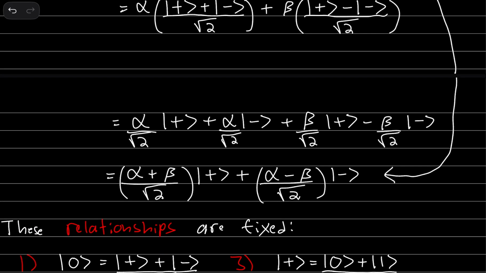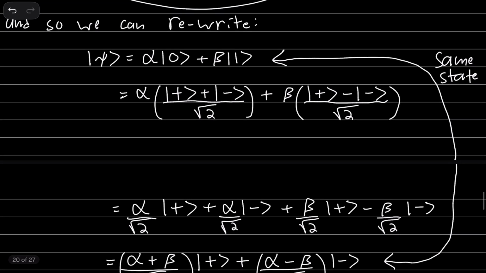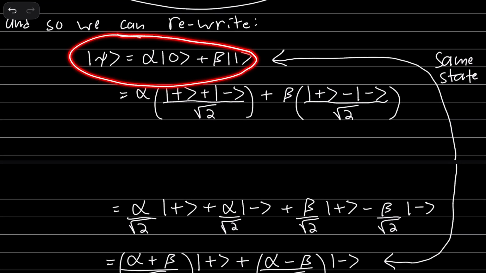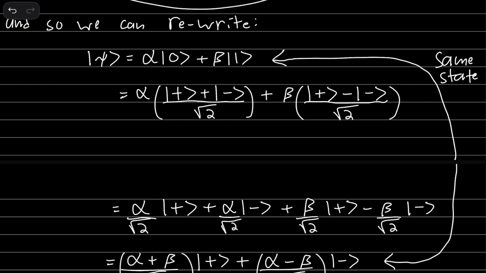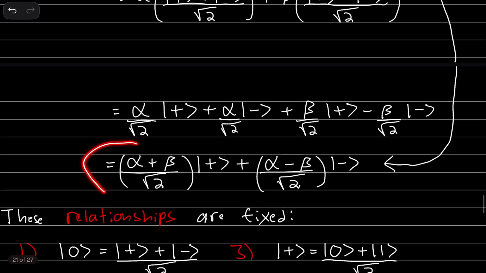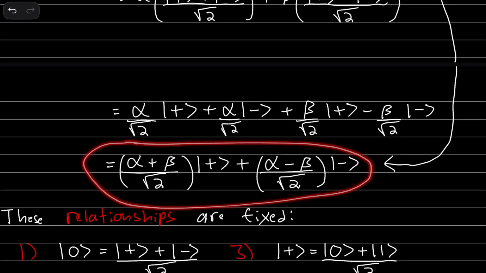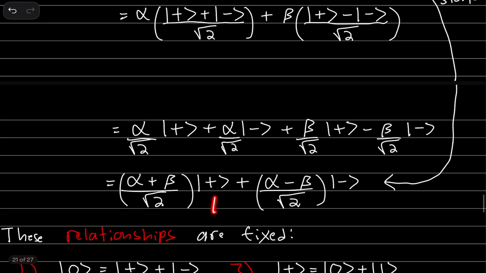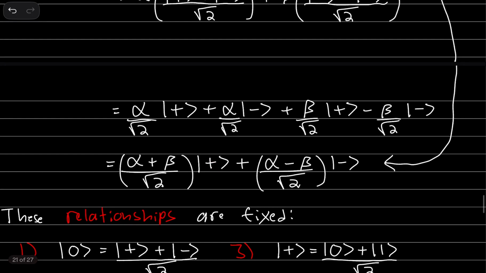And so we now see that the same quantum state, which was written in the computational basis, is now written in the Hadamard basis. You can see it's written in terms of those new vectors, and the new amplitudes are these coefficients here.